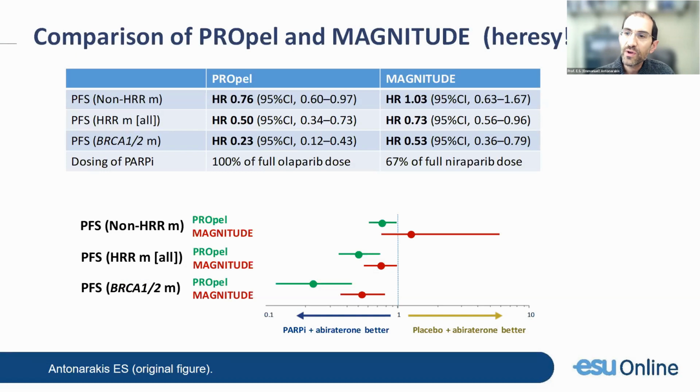But what I try to do is compare the hazard ratios for PFS benefit in the three groups of patients: HRR wild type, HRR mutated, and then BRCA1/2 mutated. In each case, the red is MAGNITUDE, the green is PROpel, and you can draw your own conclusion which of these combinations you think is more effective.